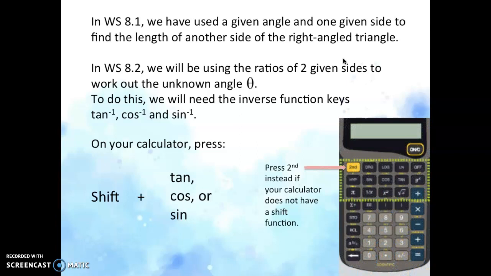For some of your calculators, you may not have the Shift key. Instead, you will have this symbol here, the second. By pressing this, it will bring you to the second function of the sine, cosine, and tangent keys, which is the inverse functions. If you have any trouble getting the inverse tangent, inverse cosine, or inverse sine keys, please ask your teachers.